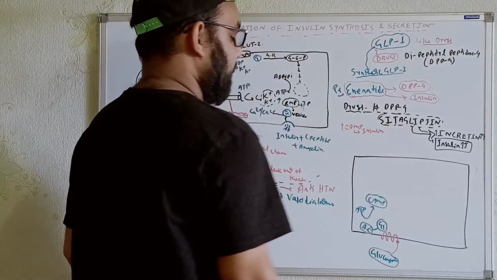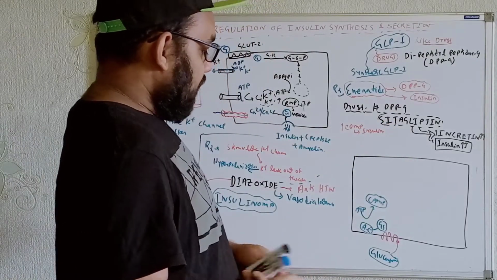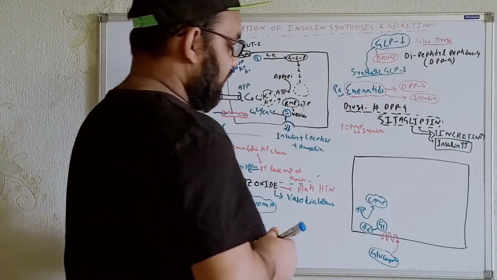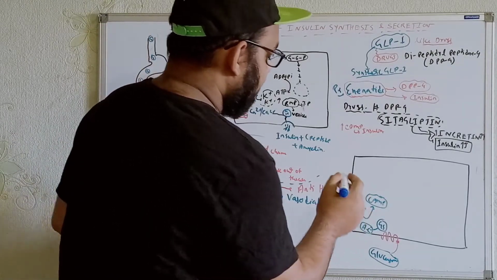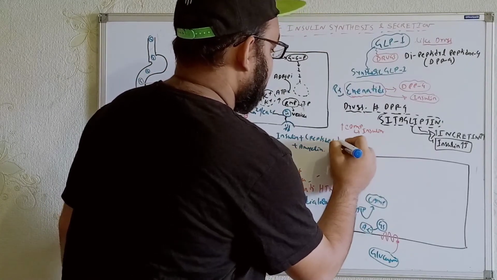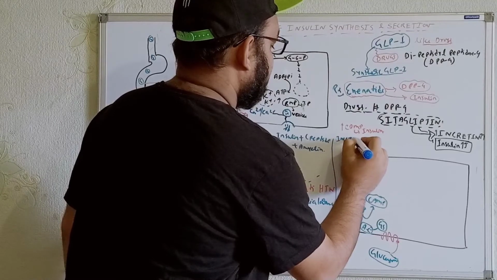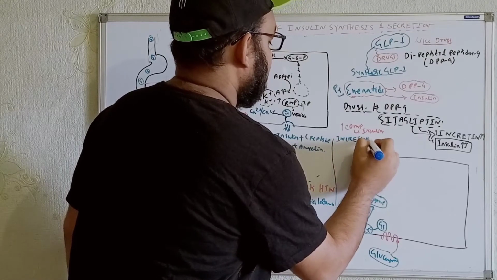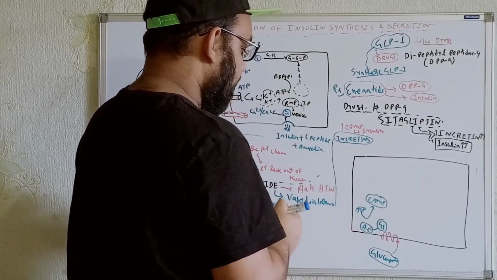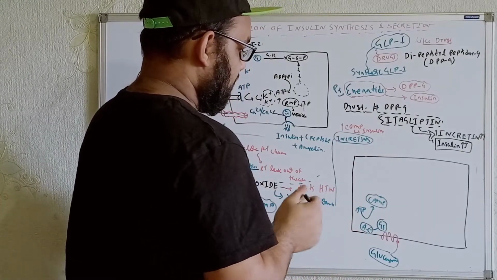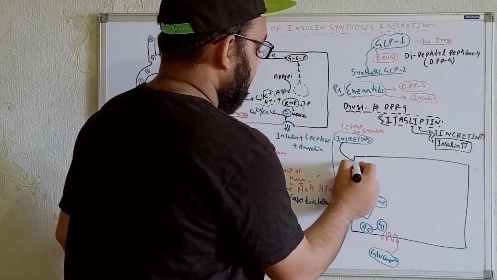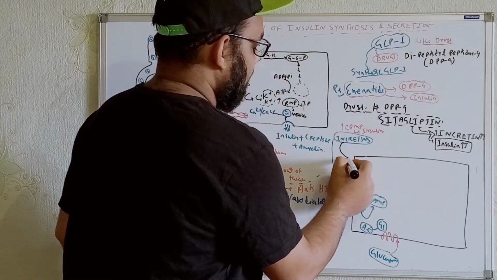That is the mechanism. In the same way, we will also see what the incretins do over here. Try to understand. The incretins also have receptors, serpentine receptors, and they are also G-stimulatory.